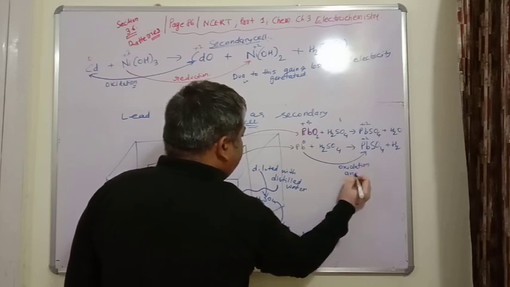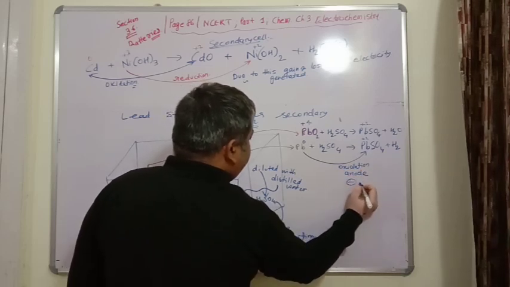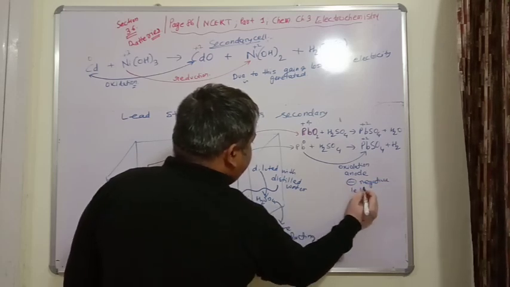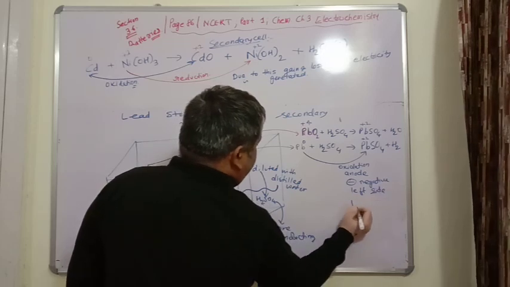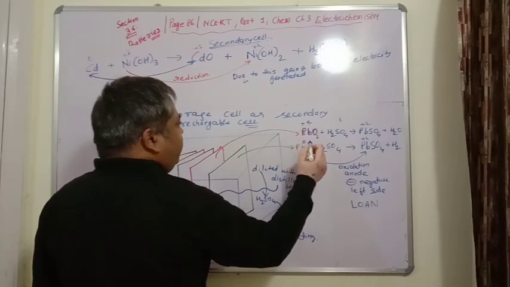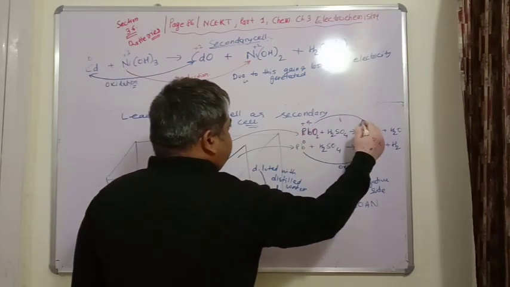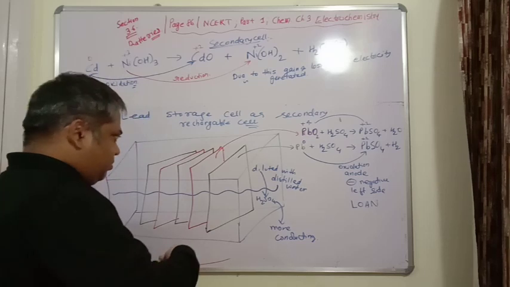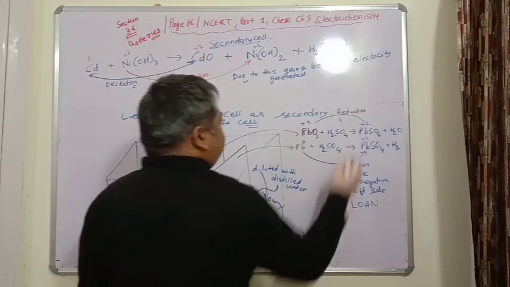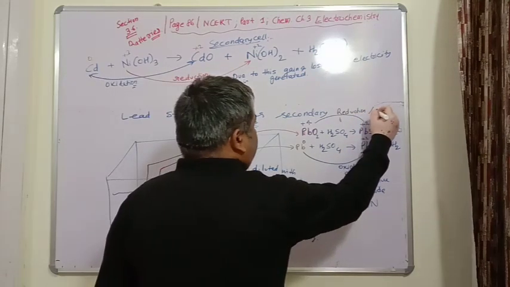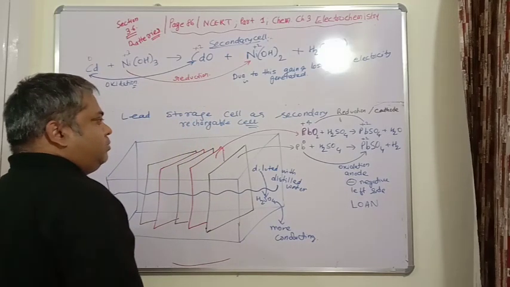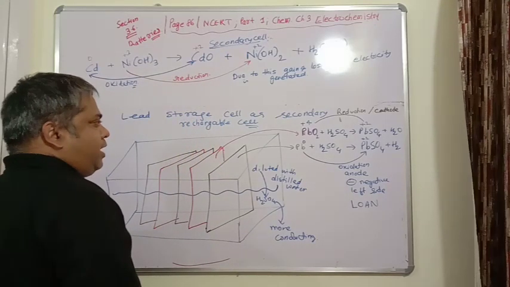This is anode. This will be negative. And this will be in the left side. And here what is happening is reduction is taking place. This is reduction. So this is cathode, and at cathode reduction is taking place and it will be at the right side.